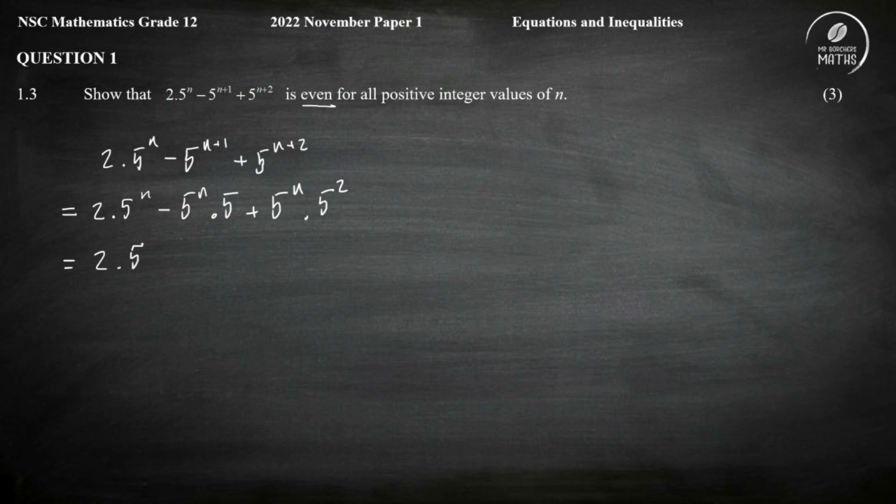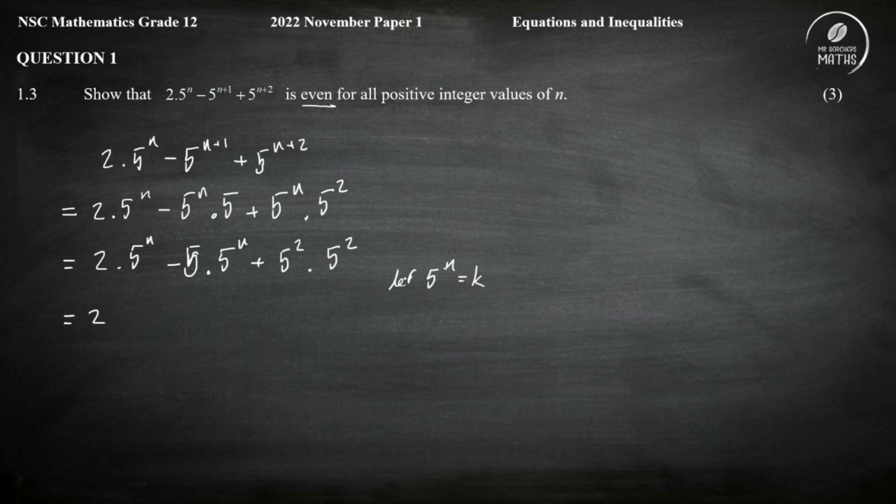So we've got 2 multiplied by 5 to the n, subtract 5 times 5 to the n, plus 5 squared times 5 to the n. Now, this step may not be necessary, but it may make it easier for some to see it this way. Let's say let 5 to the n equal k. Again, this may not be necessary, but it could help.